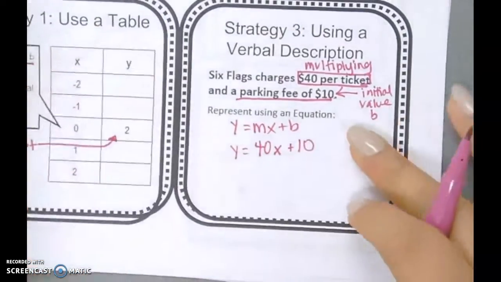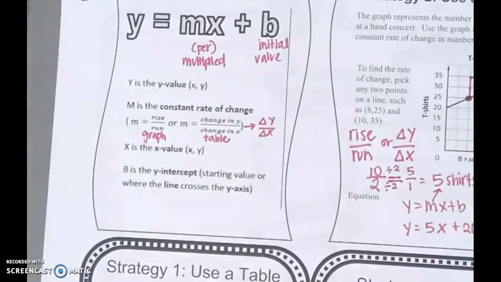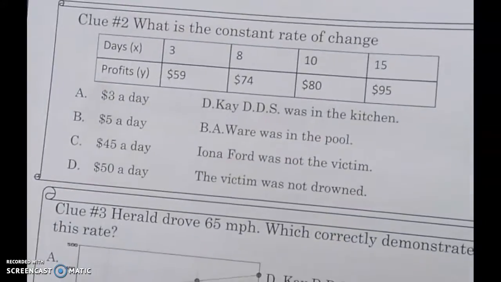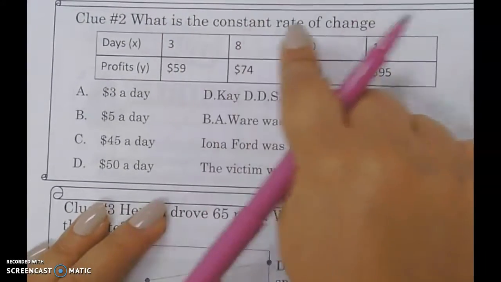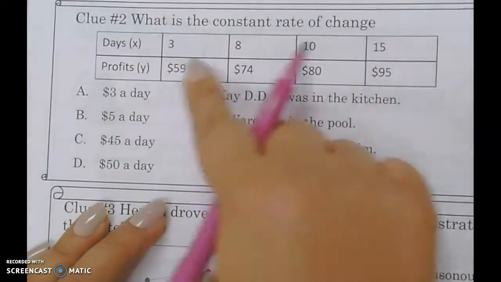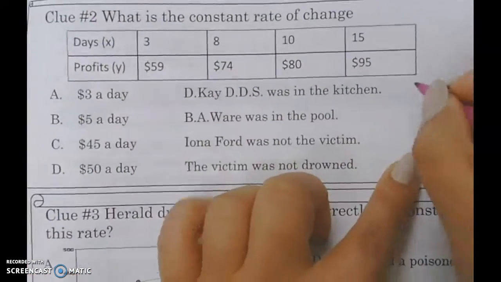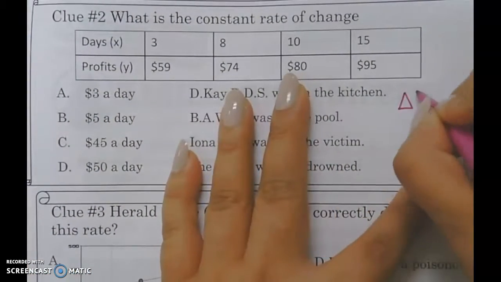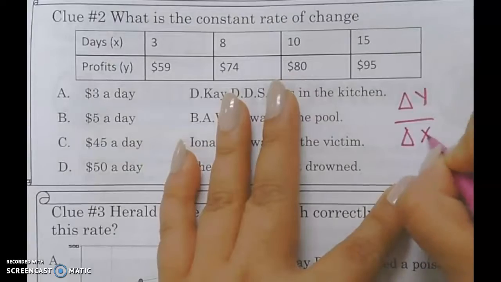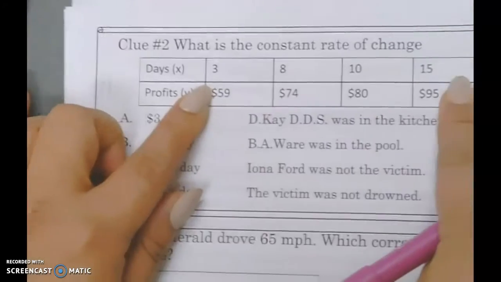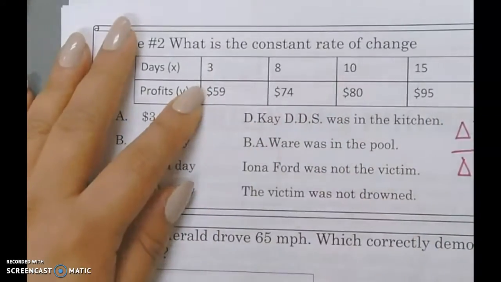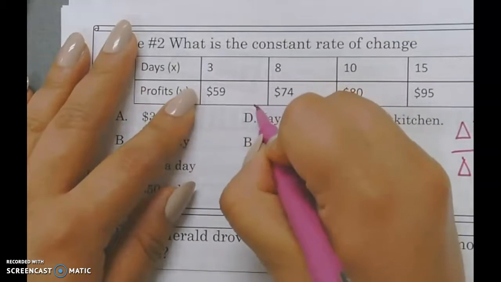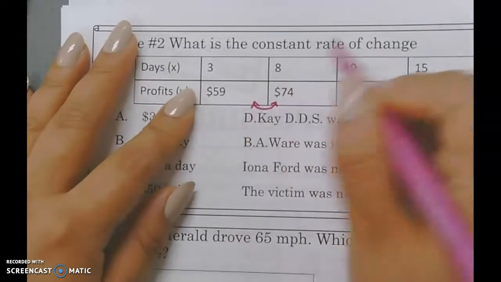Use this to complete the assignment for today. If you go back and look at number 2, the one I told you to skip yesterday, it says what is the rate of change? We have our x and we have our y. You are going to do change in y over change in x. That means how much is changing here. So you're not going to take y and put it over x. You're going to say, what is changing from here to here?